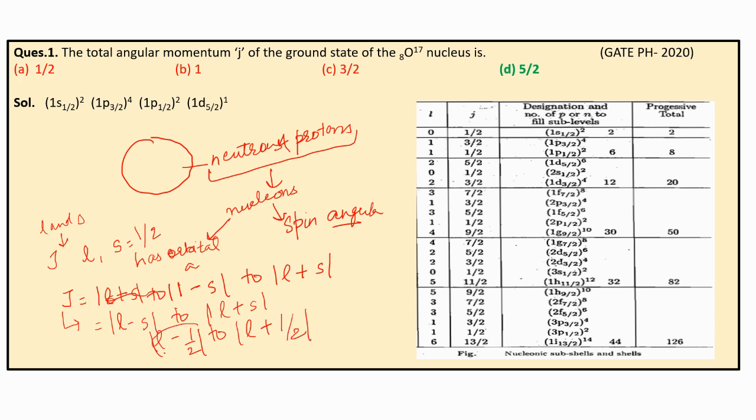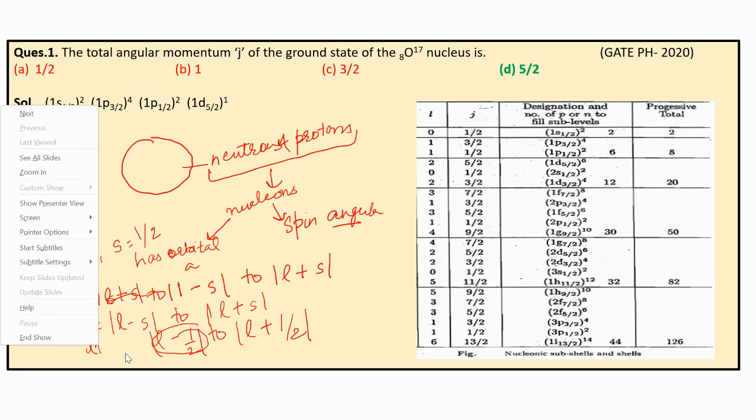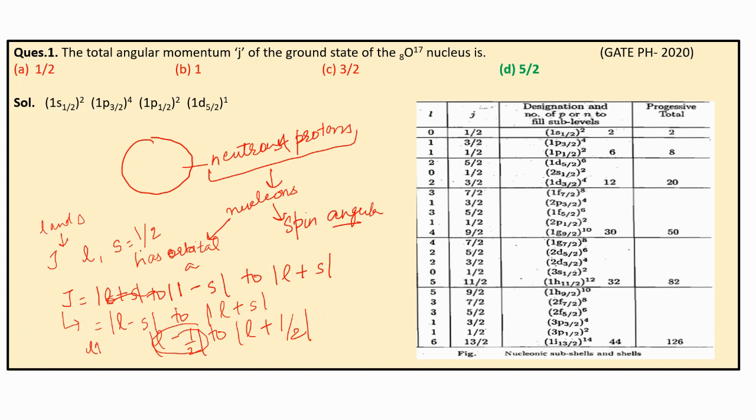This L minus 1/2 is when L is anti-parallel to S. When L is anti-parallel to S, then J will take the value L minus 1/2, and when L is parallel to S, then the J value will be L plus 1/2.